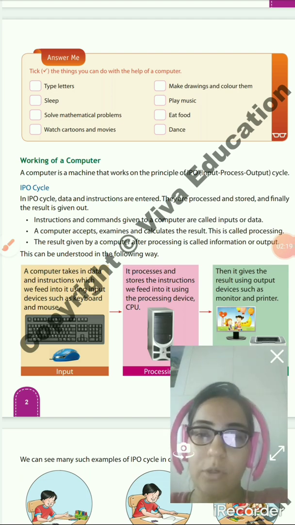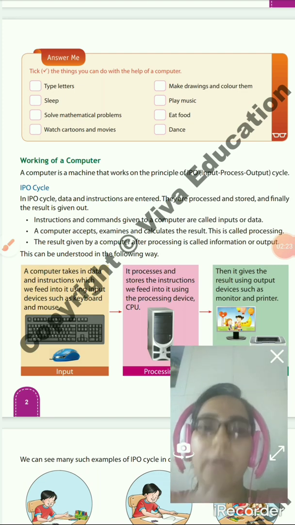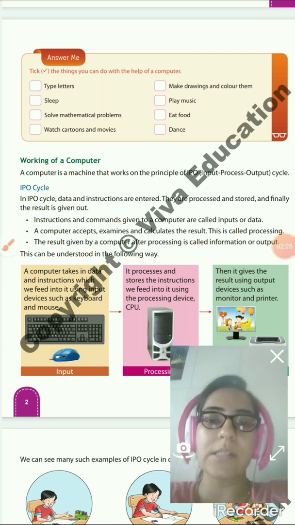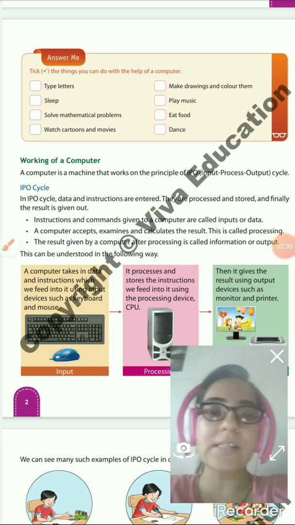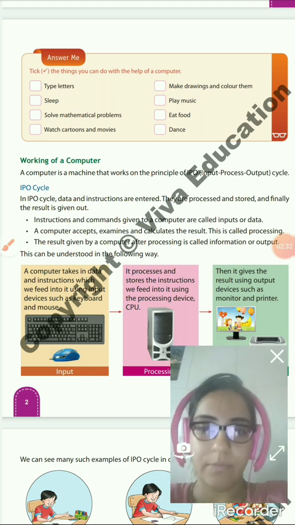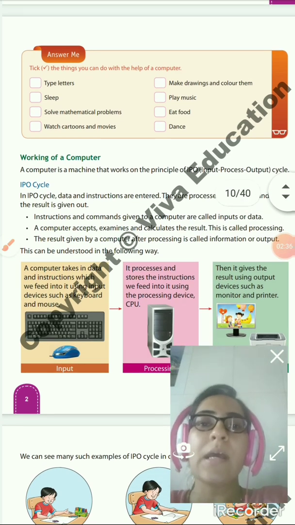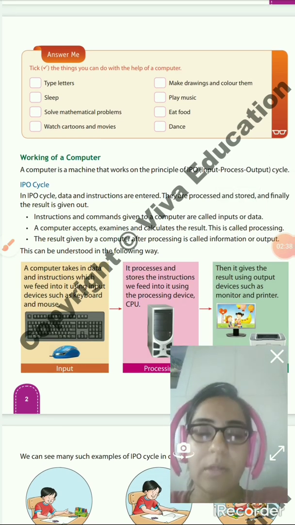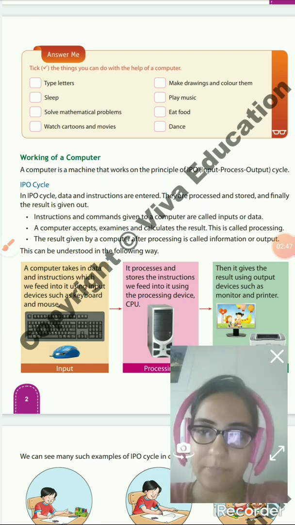Then the input goes directly to the CPU, that is called the processing unit. The CPU performs the processing and then gives you the output. The output is displayed on the monitor. So the input, process, output cycle means giving an input through the keyboard or mouse, processing using the CPU and displaying the output on the monitor or on the screen.